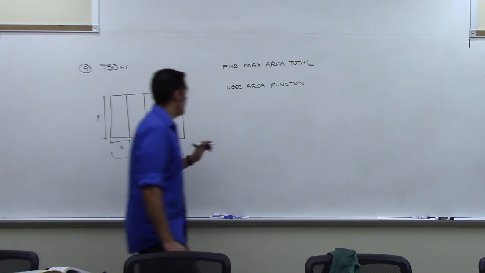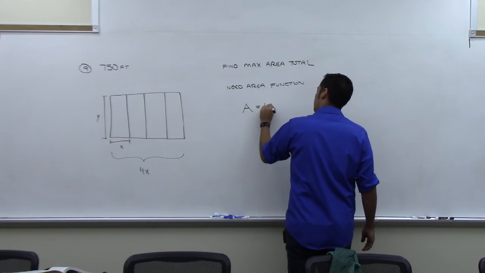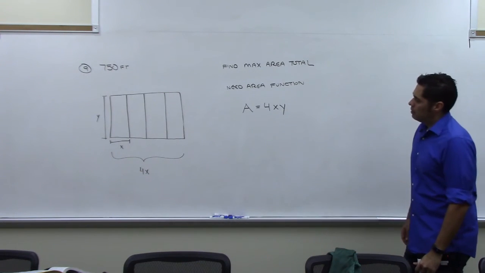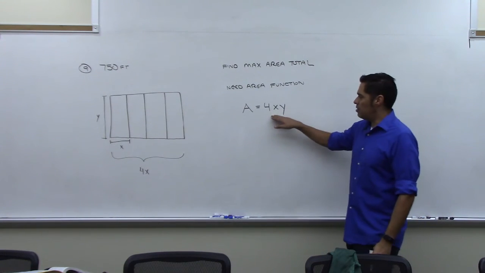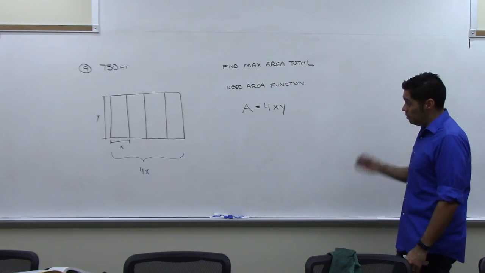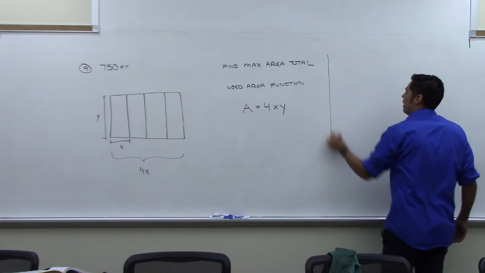So the area of the entire enclosure is 4xy. Now this area equation is not a function of a single variable yet. I have 2 variables in there. So I need to bring in the constraint. The constraint is that I only have 750 feet of fence.